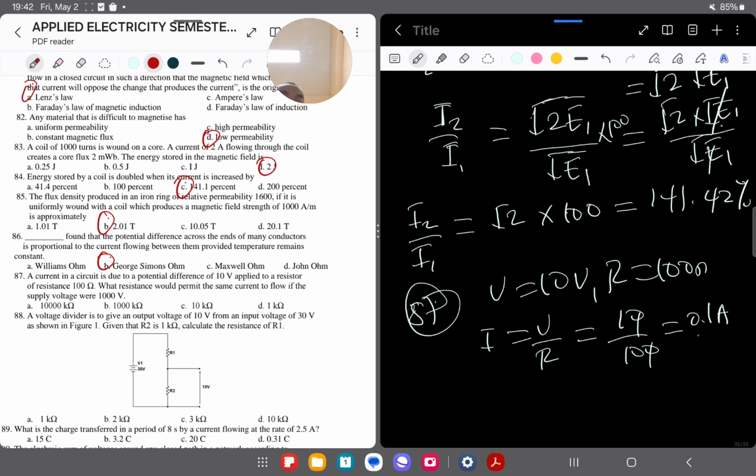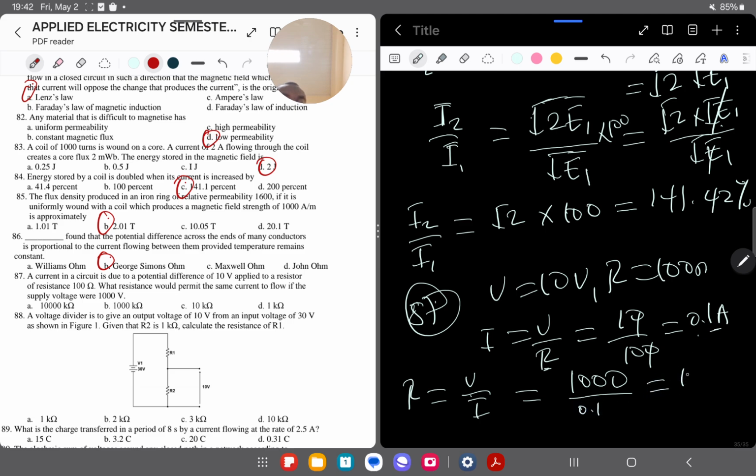Now we are finding the resistance in terms of the voltage. You make the resistance the subject, and that becomes voltage over current. So now I have the voltage supply to be 1000 divided by the current, which is 0.1.